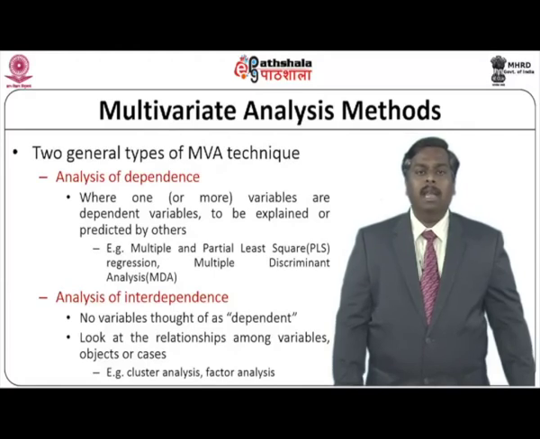Analysis of dependence is when one or more variables are dependent variables, then their dependency can be explained or predicted by the other variables. For example, we have multiple and partial least squares regression techniques and also multiple discriminant analysis, which are closely related to analysis of dependence. In analysis of interdependence, no variables are thought of as dependent.